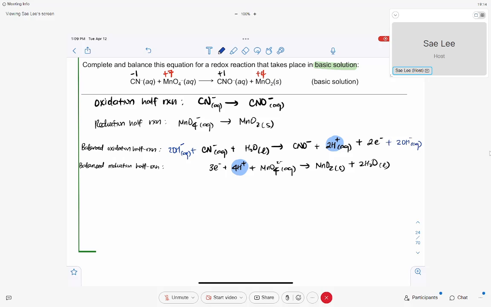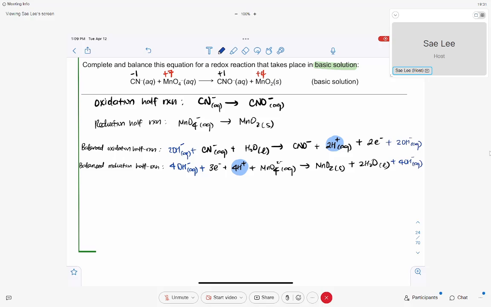Here you have 4 protons, so in order to balance these out, you're going to add 4 hydroxide. You also add 4 hydroxide on this side.